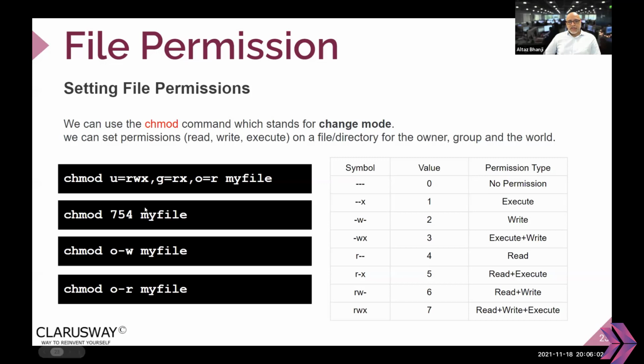Okay, so that becomes easy. I don't have to know or remember what the permissions were or retype the whole thing. I can just do a minus or a plus and put the symbol for that particular entity. So there are a few different ways that you can do it, whatever works for you, but all of these would be used. These three bottom ones are probably more common than the top one, and so that's why it's helpful to remember the numbers.